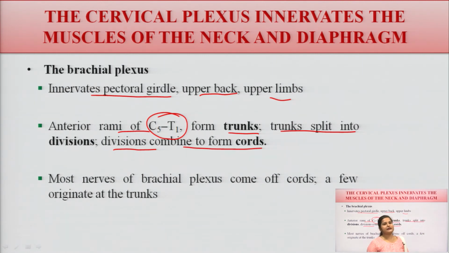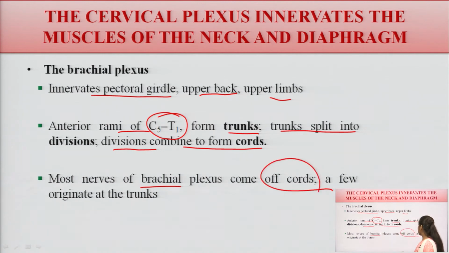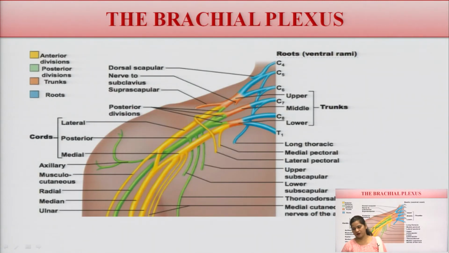Okay, so this anterior rami from C5 to T1 trunk split into division, and this division combined again and they form the cords. So most of the nerve of brachial plexus come off the cord and few from the trunk. Now this is the structure of the brachial plexus.